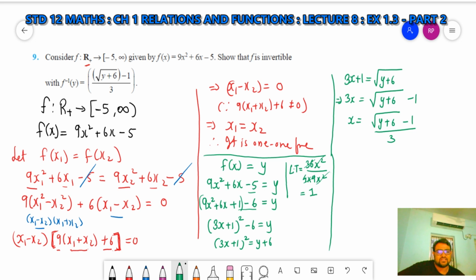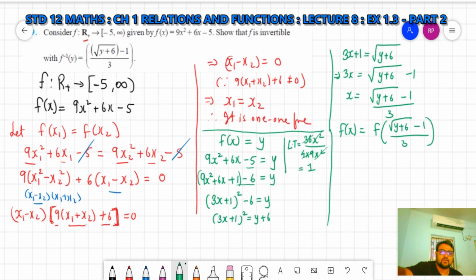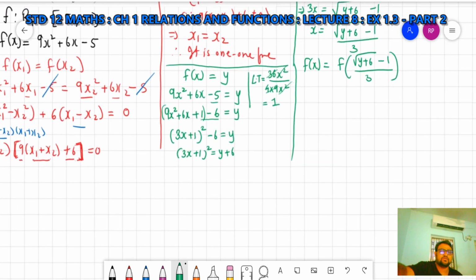Now let's take f(x) with x equal to (square root of (y + 6) - 1) / 3, that is f of (square root of (y + 6) - 1) / 3. When I solve this, see what I get.